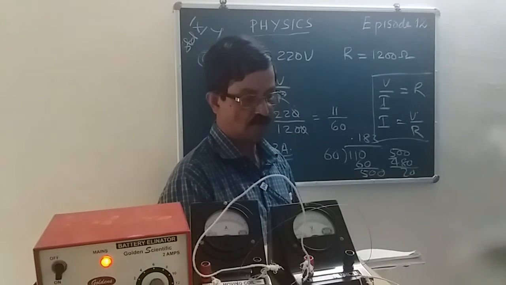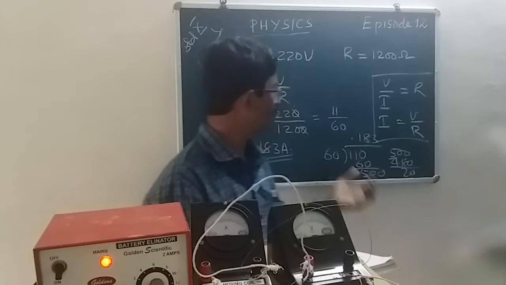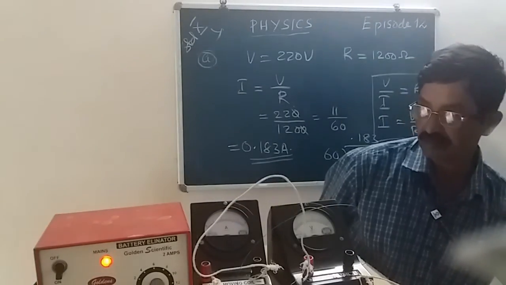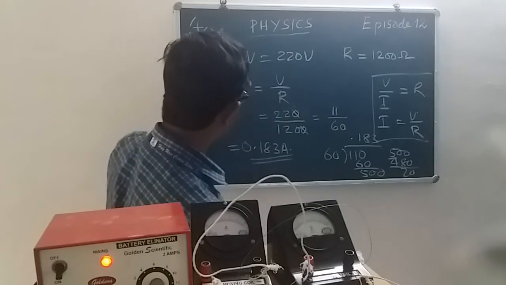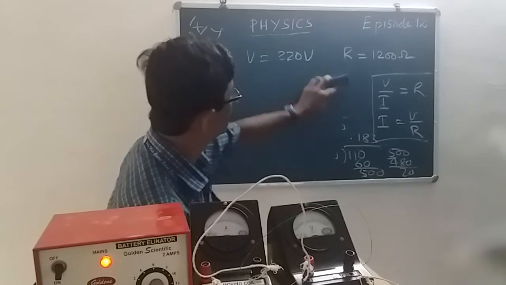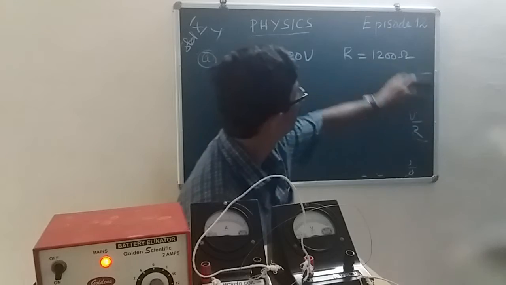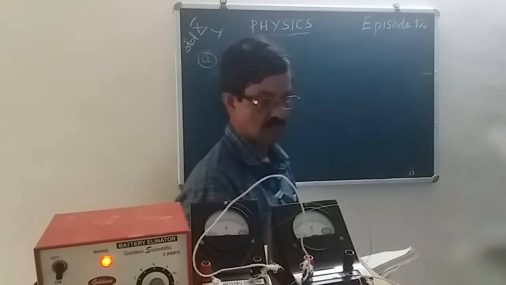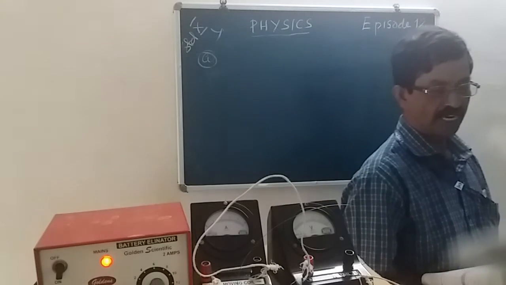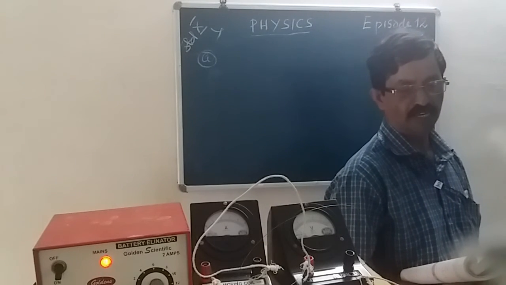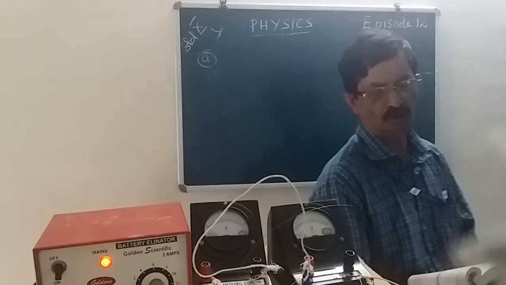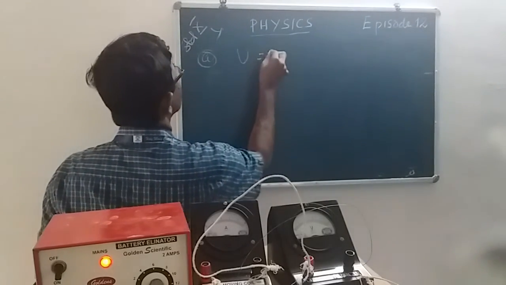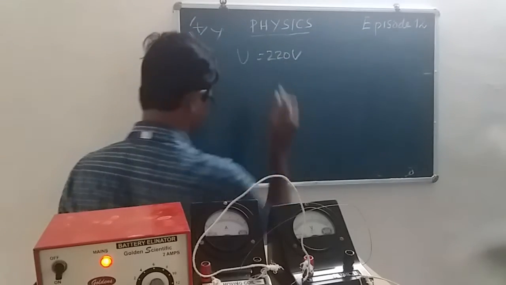How much? 0.183. Now the question B. See, what is in question B? How much current will an electric heater coil draw from a 220 volt source? That means the 220 volt source means the potential difference is 220 volt.